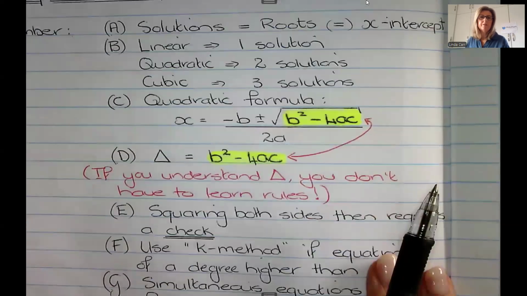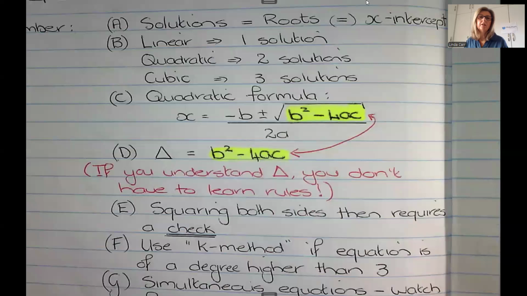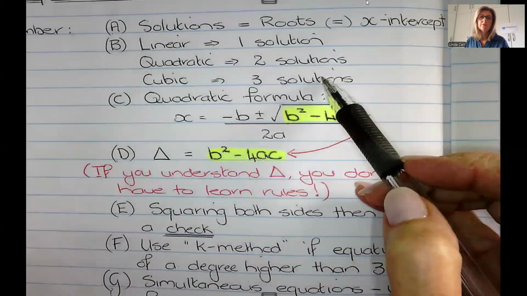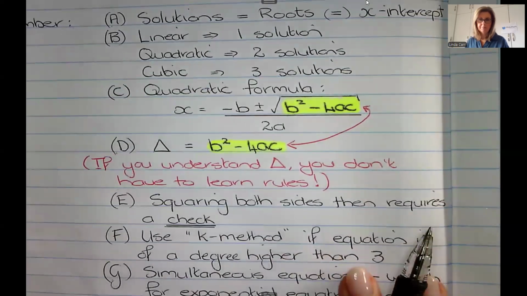Then keep in mind that if it's a linear equation, it has one solution, quadratic, two solutions, and a cubic, three solutions. You could, of course, have equal solutions. So the 1, 2, and 3 don't necessarily have to be unique solutions, but that's what we expect.